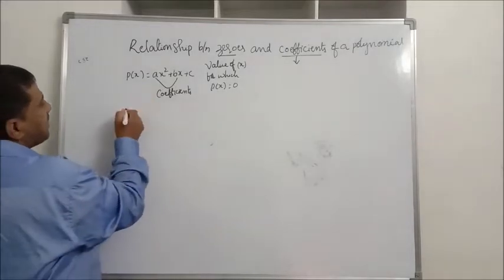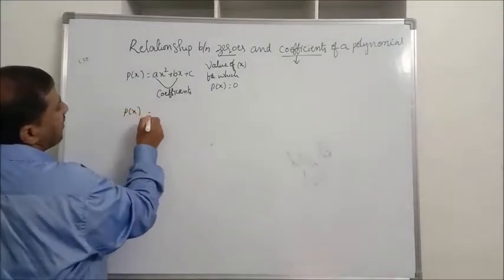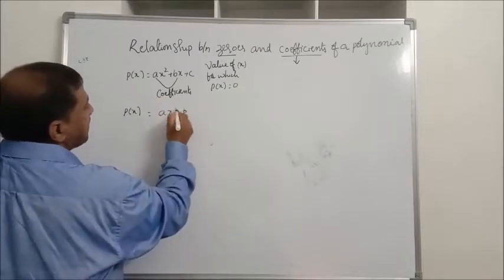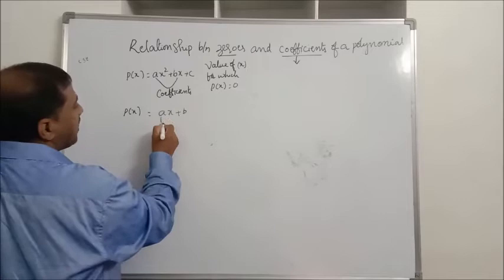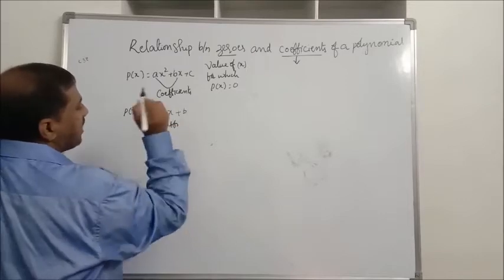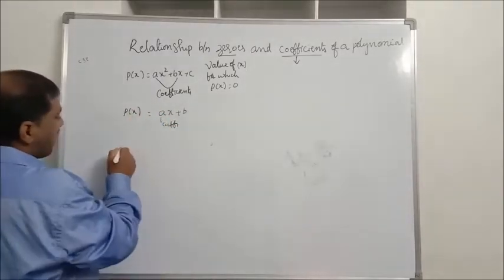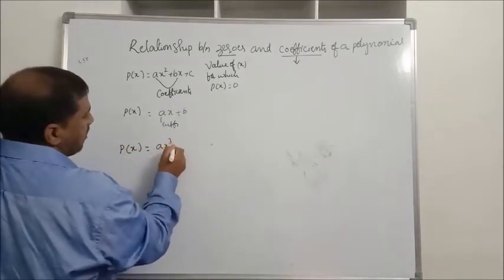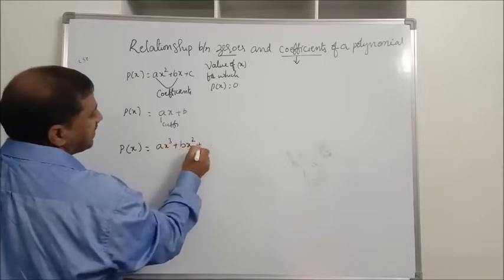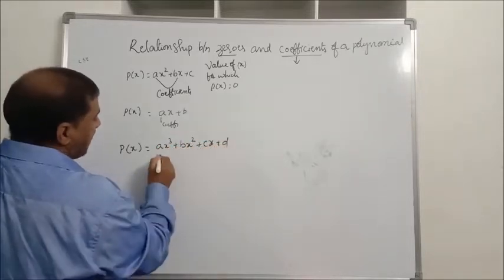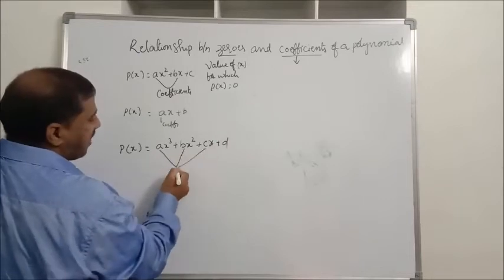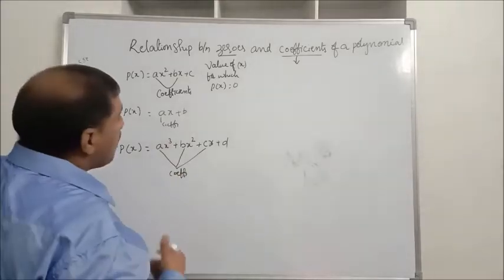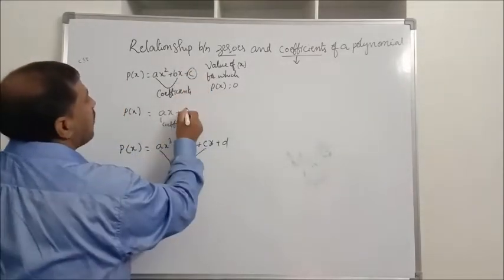Even if you take the general form of a linear polynomial, p of x is equal to ax plus b, here a is known as the coefficient. Similarly, if you take a cubic polynomial, p of x is equal to ax cube plus bx square plus cx plus d, here a, b and c are known as coefficients.